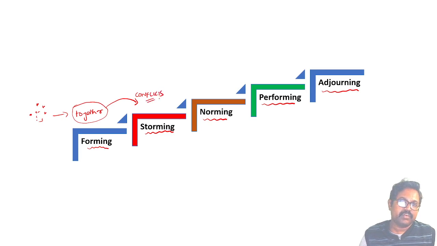At the end of the storming stage, the conflicts will be resolved based on inter-individual interaction as well as their understanding levels. They try to resolve their conflicts, and they try to concentrate on the goals that need to be achieved.